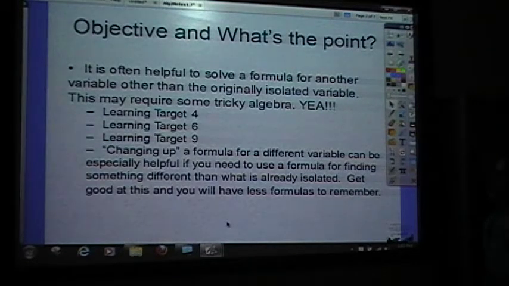This may require some tricky algebra, and you will find, if you get really good at this, that you'll have fewer formulas to memorize because a lot of times you'll be given a set of formulas when they're all the same thing. And if you just would have used algebra, you wouldn't have had to memorize them all. You could have just memorized one and then moved stuff around using algebra. So it's a pretty good section. You'll see what I'm talking about in a minute.